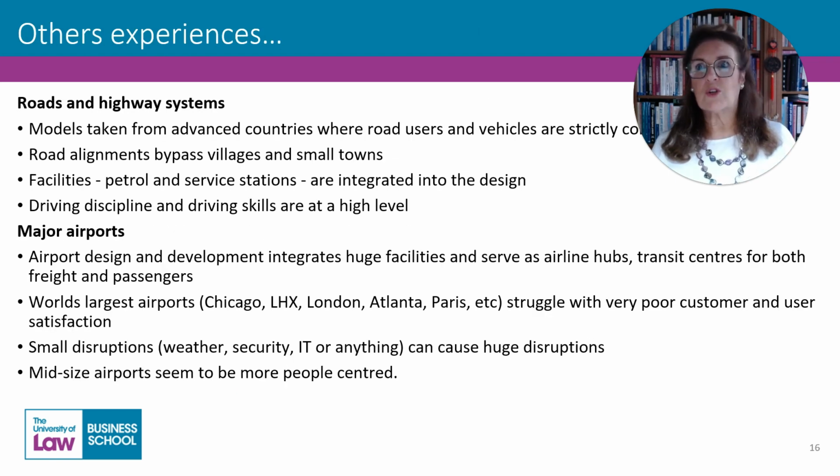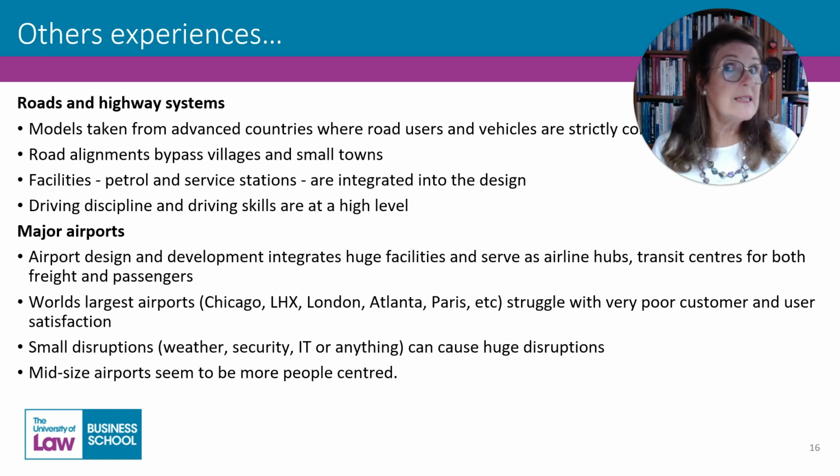So what about other experiences? What can we learn and how can things differ? So models taken from advanced countries where road users and vehicles are strictly controlled could be the experience that we wish to model in India, for example.